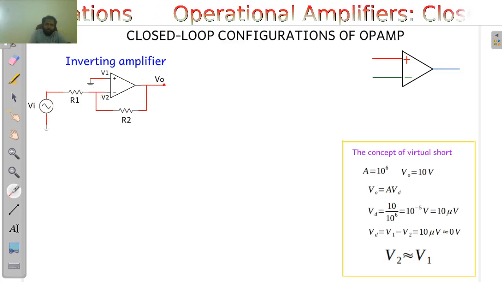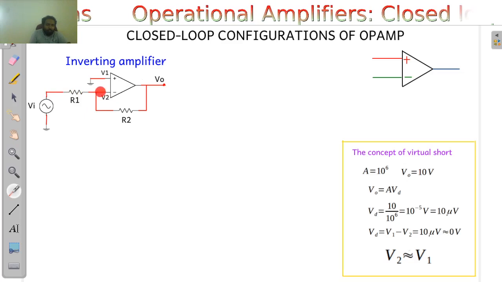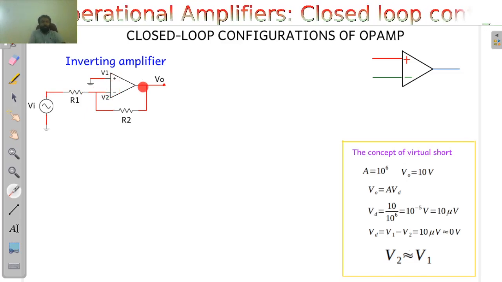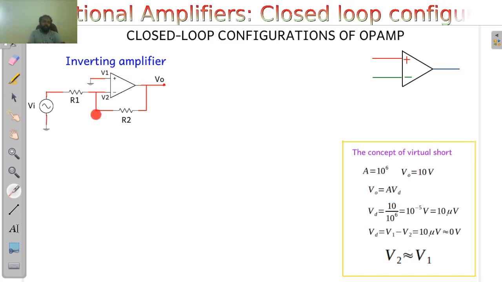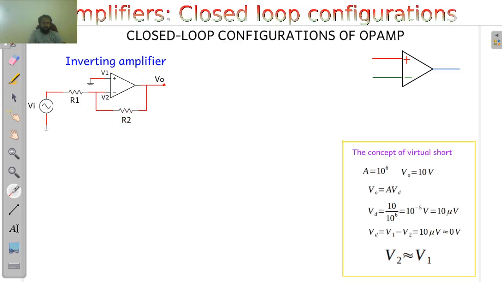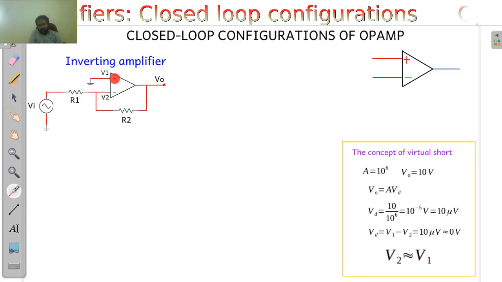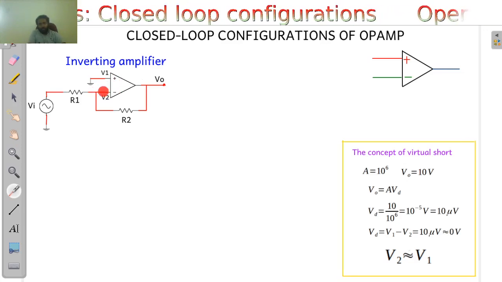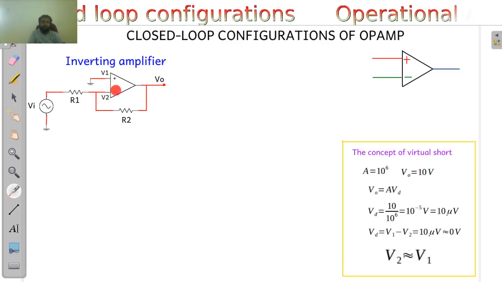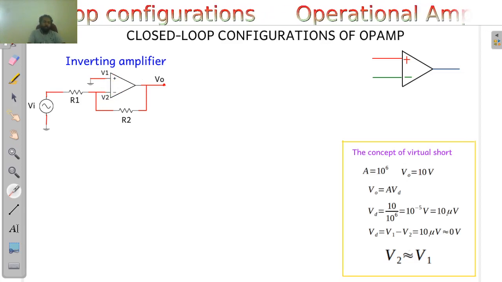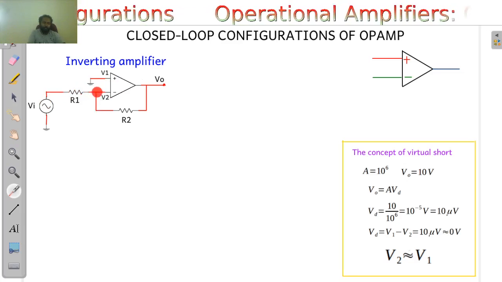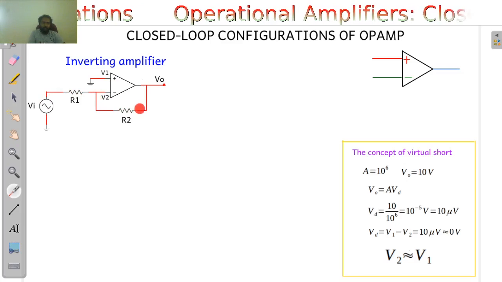And there it could divide into two branches. One branch goes into the operational amplifier, and the other branch goes to the output through a resistance. But due to the high resistance offered by the operational amplifier, there won't be any current flowing into it. So whatever current is coming will go out of this junction through R2.